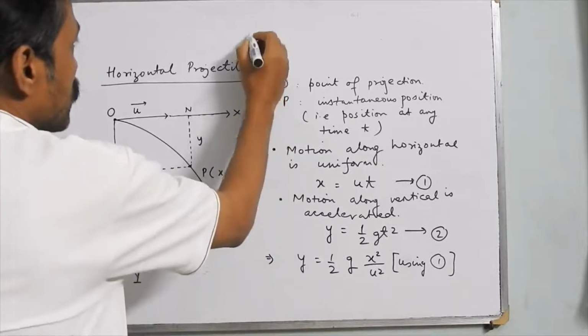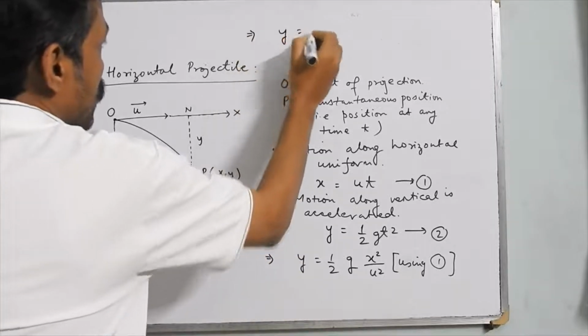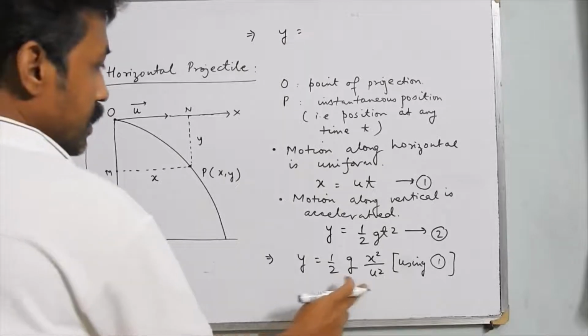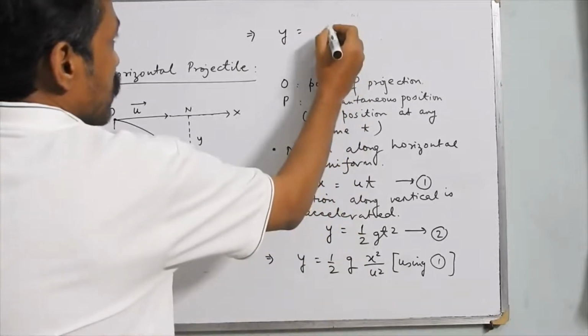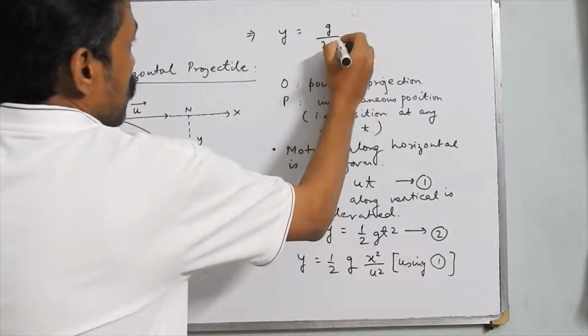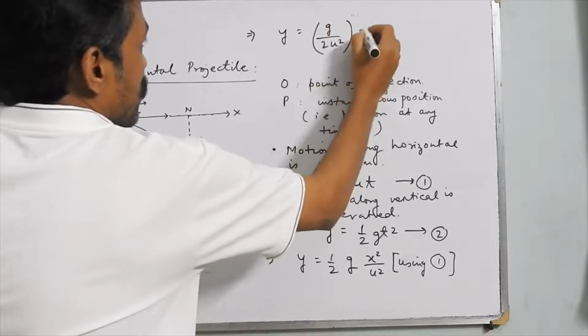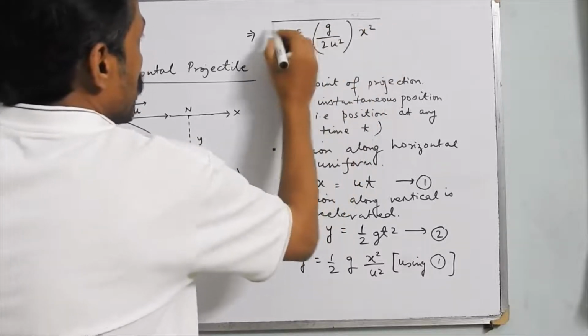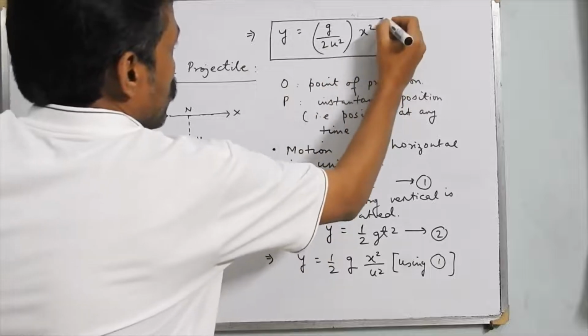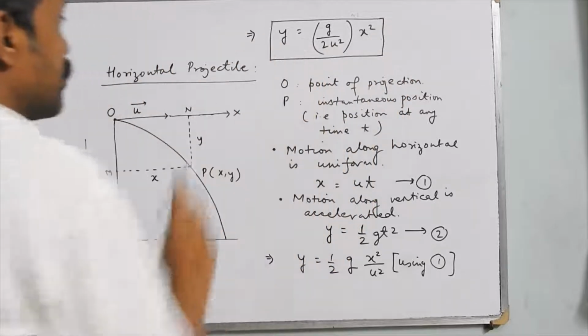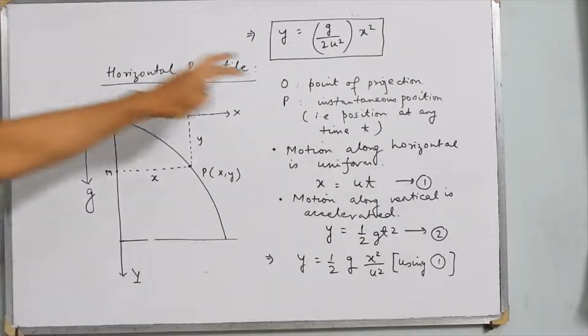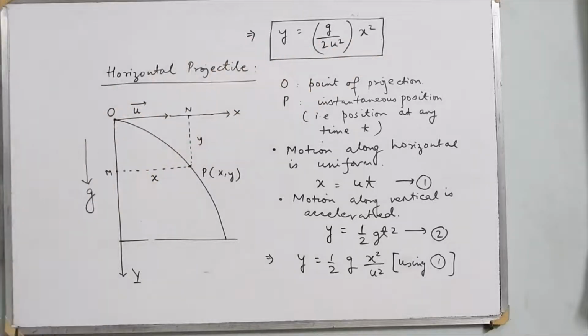Here g and u are all constants, so g by 2u square is a constant times x square. This equation is a quadratic equation in x and a linear equation in y. That means the power of x is 2 whereas the power of y is 1.